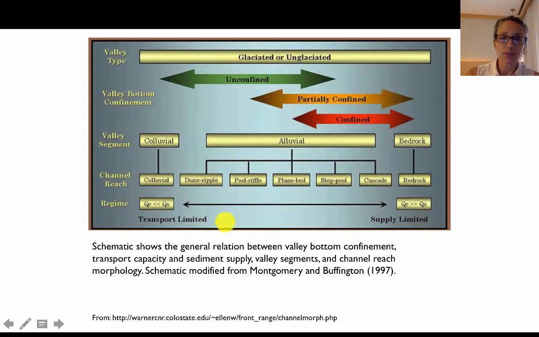And then down here at the bottom, looking at whether you have more sediment supply or more sediment capacity. And all the way on the right, bedrock channels tend to be supply limited. So they may be steep, they have a lot of capacity, a lot of transport capacity, but not as much supply. Whereas a colluvial reach may not have as much capacity, but there's tons of supply.